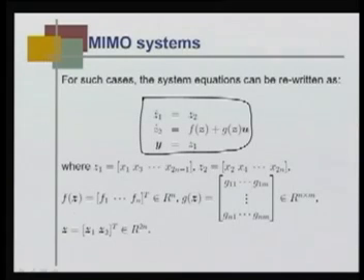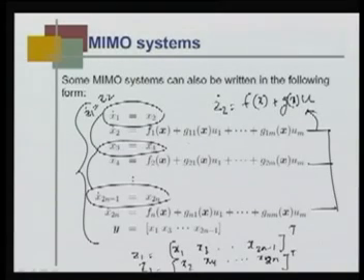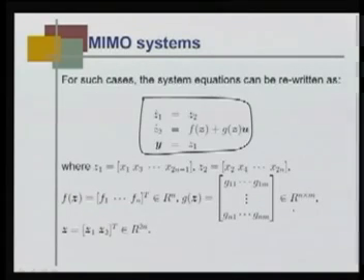So, f(z) is f1 until fn transpose, and g(z) you can easily see is g11 until g1m, g21 until g2m, gn1 until gnm. So, these are the elements, you just gather them, that forms g(z), and then your final state vector z is actually 2n dimensional, where each one here is n dimensional.